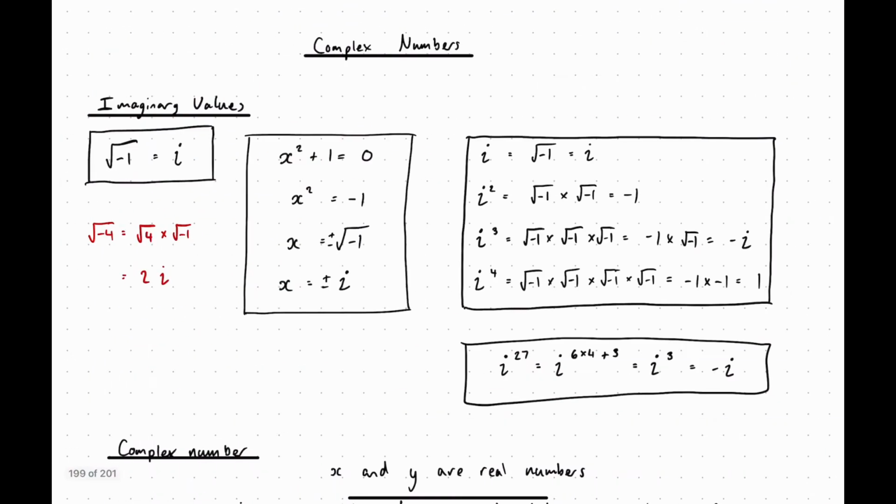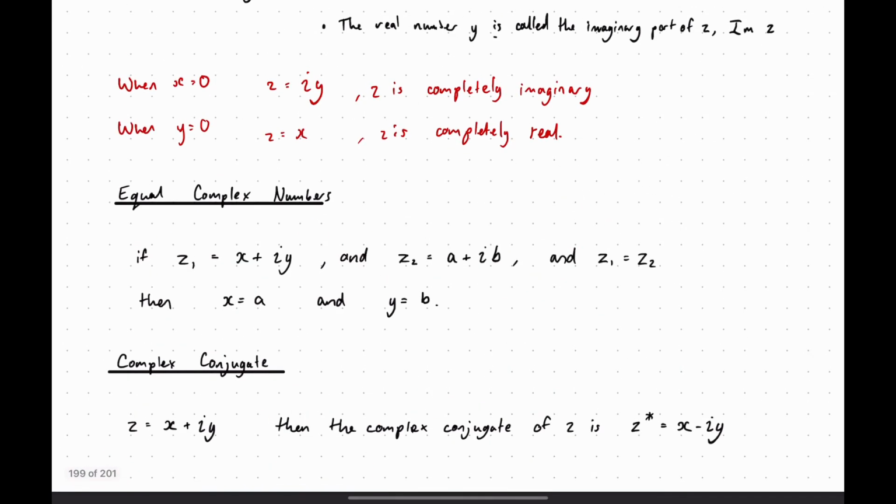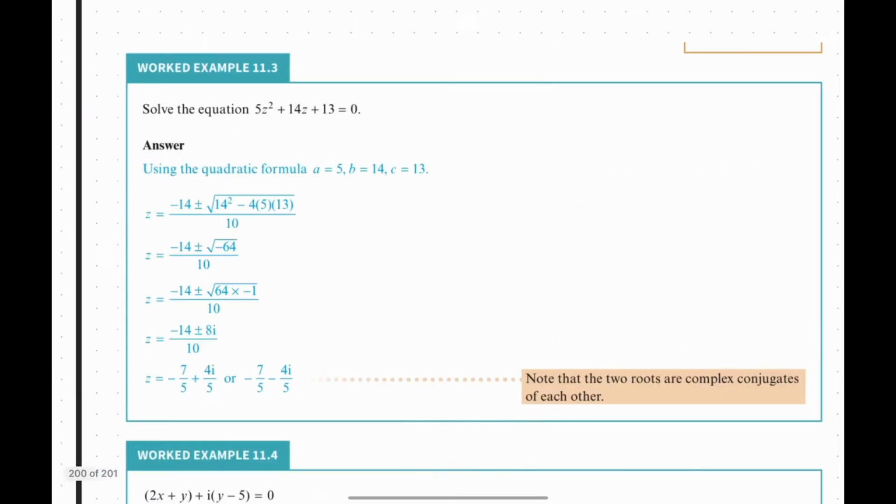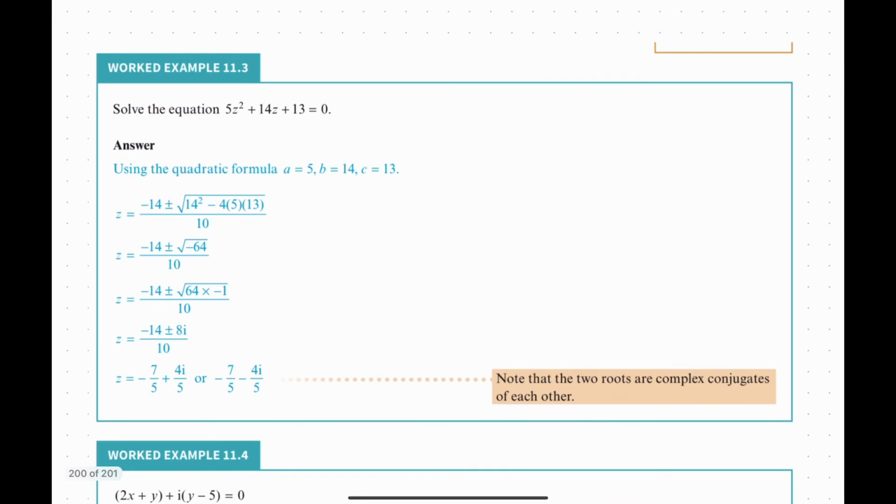And as we just said, if the reals are the same and the imaginaries are positive and negatives of each other, then it's complex conjugates. And we can use complex conjugates for some other things.